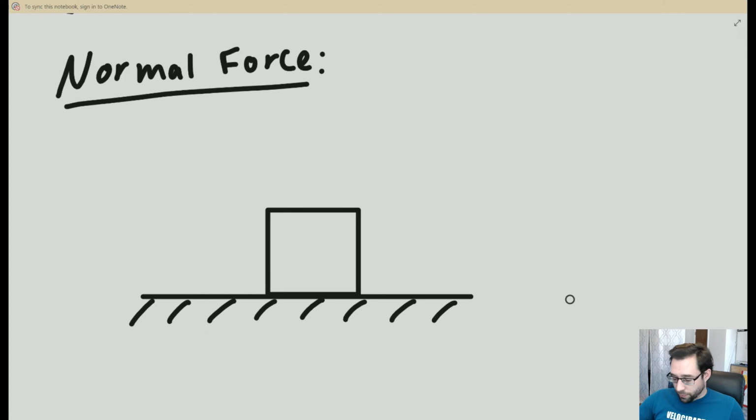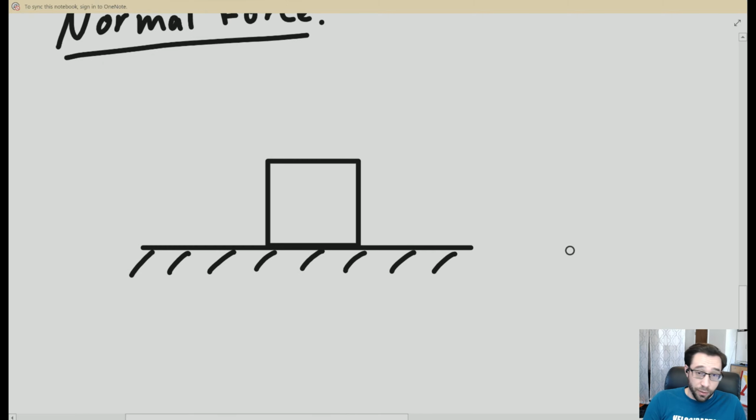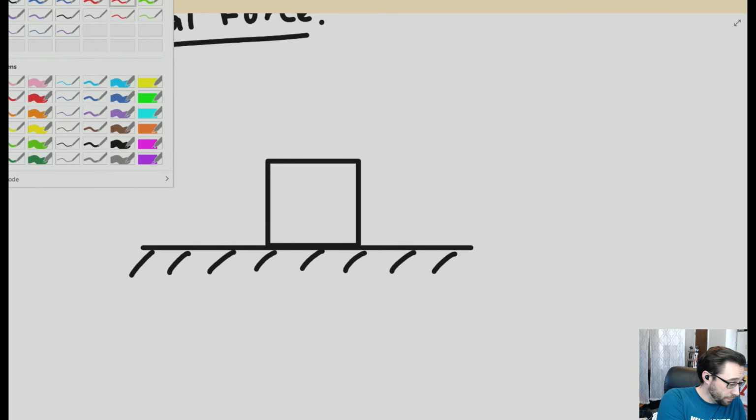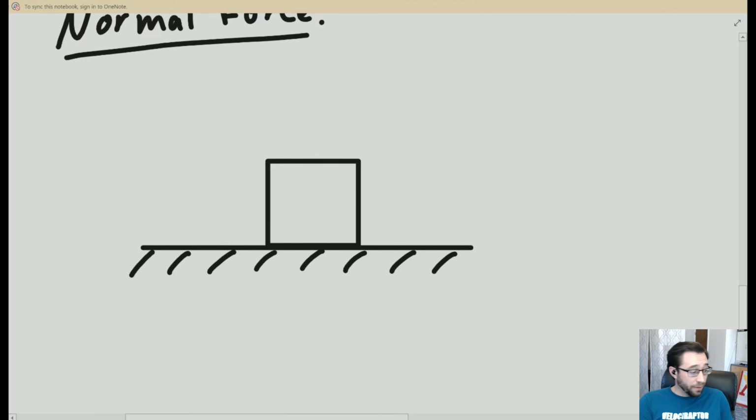An object is typically made of matter, right? And if I have matter present, then I therefore have mass. Would everybody agree with that? If I have mass and I'm on Earth, then gravity is going to be acting on that mass.